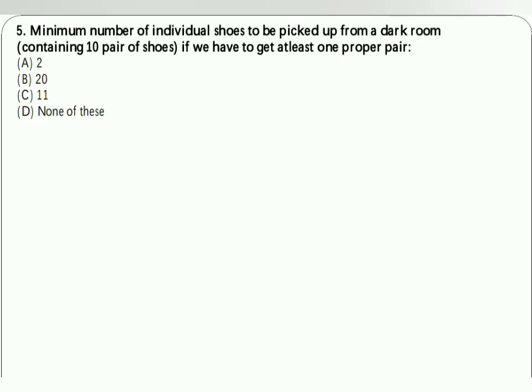Next one. Minimum number of individual shoes to be picked up from a dark room containing 10 pairs of shoes, if we have to get at least one proper pair. In a room there are 10 pairs of shoes, that means there are 20 shoes. From the 20 shoes we have to draw at least one proper pair.